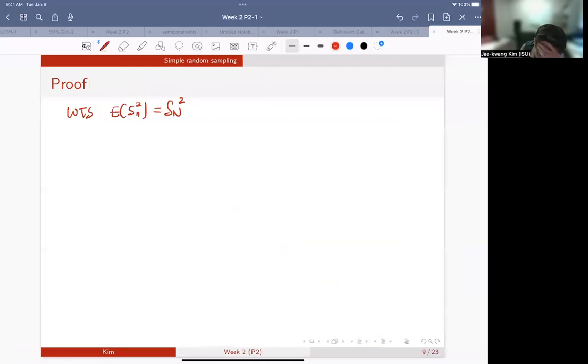In Sn squared, you have 1 over n times the summation of yi minus y bar.